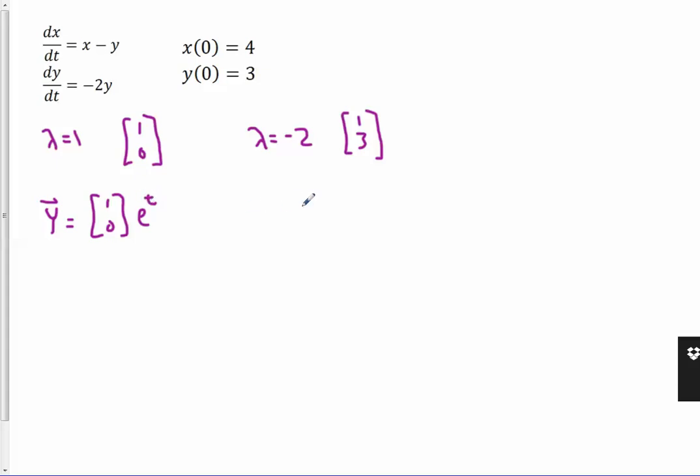I'll call that y1. y2 will be 1, 3 e to the -2t. And you can check that both of these will work. In fact, both of these are the straight line solutions that we looked at on the calculator.